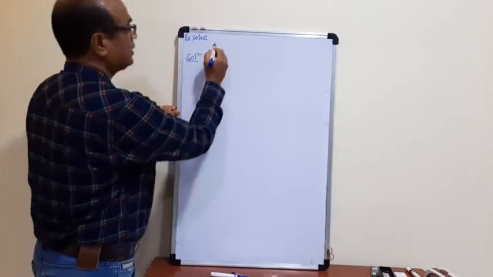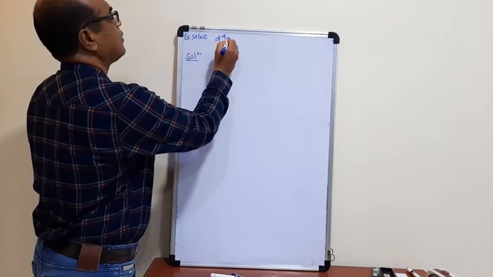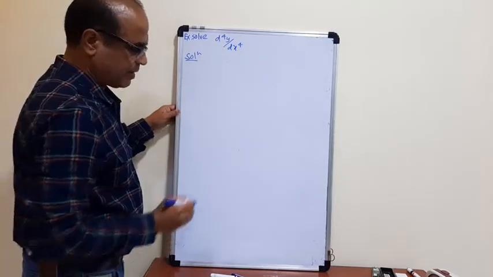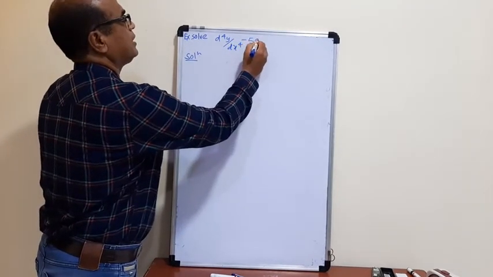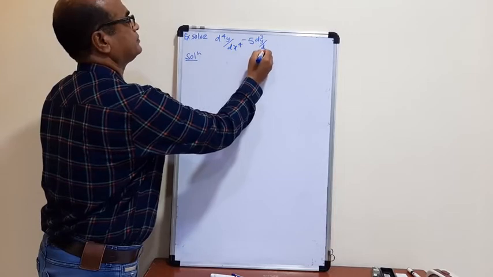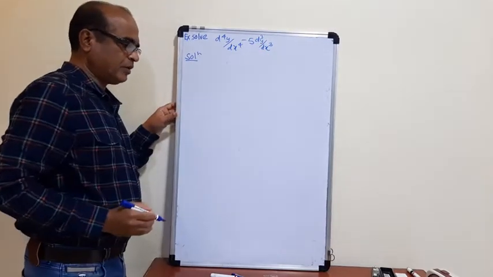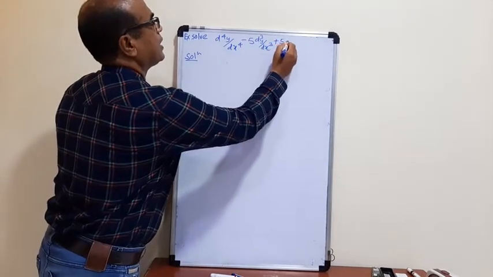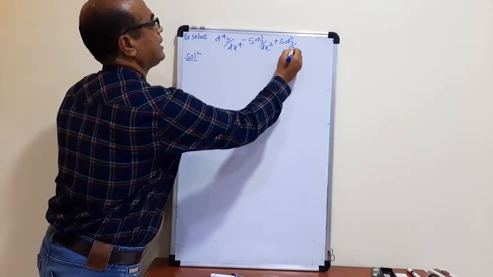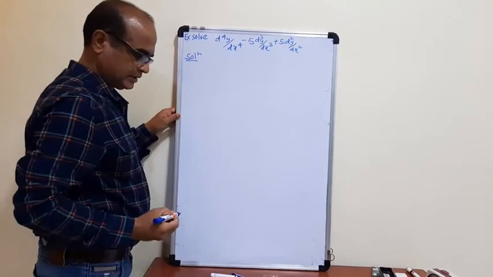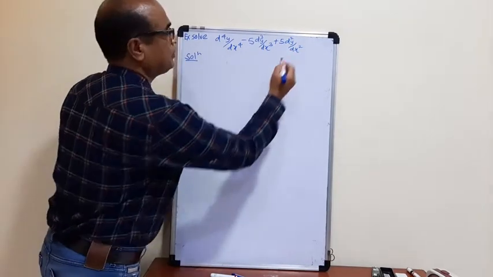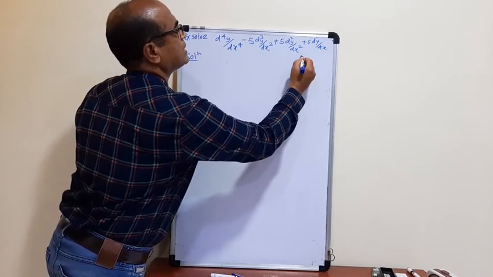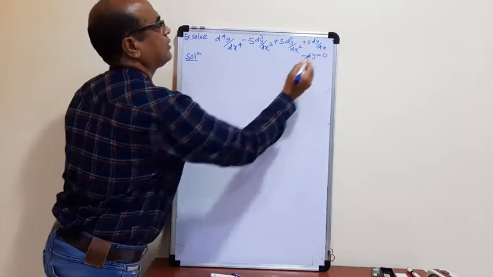Solve d raised to 4 y by dx raised to 4 minus 5 d cube y by dx cube plus 5 d2y by dx square plus 5 dy by dx minus 6y is equal to 0.